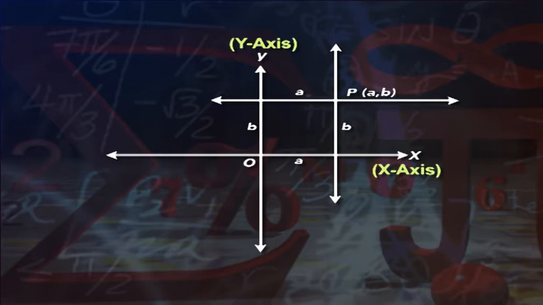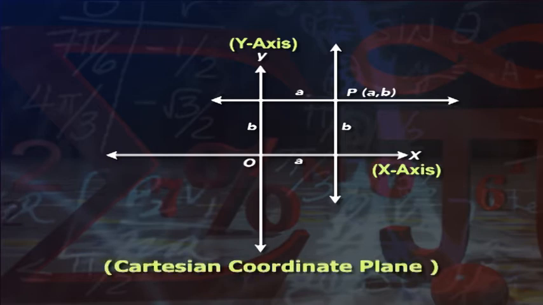We associate with this ordered pair a point P in the Cartesian coordinate plane by fixing real number a on the x axis and then fixing the real number b on the y axis. Thus, P is at the intersection of two lines which are parallel to coordinate axis, that is, x axis and y axis as shown in the figure.